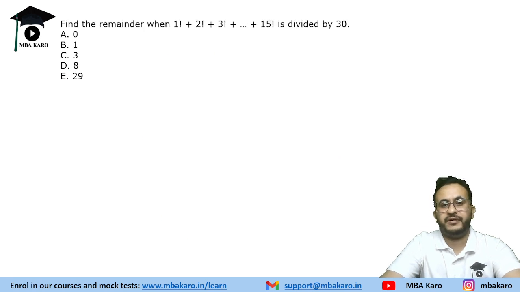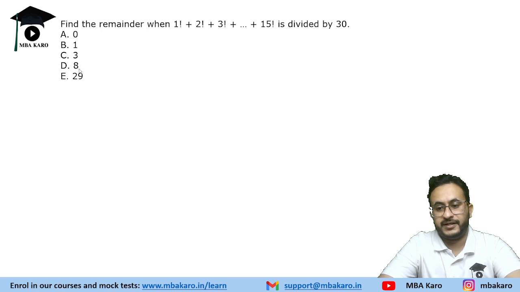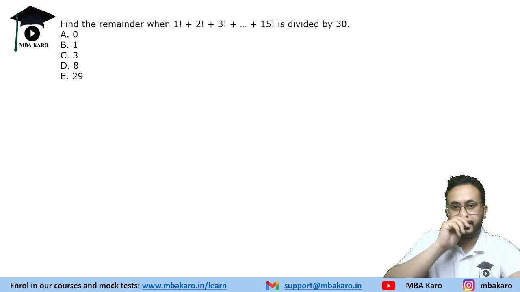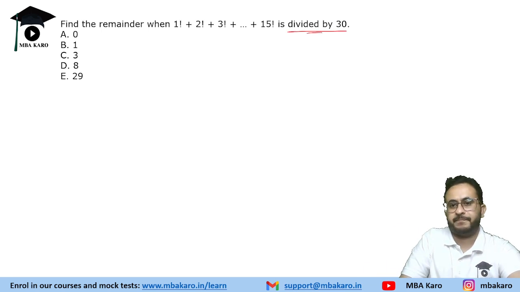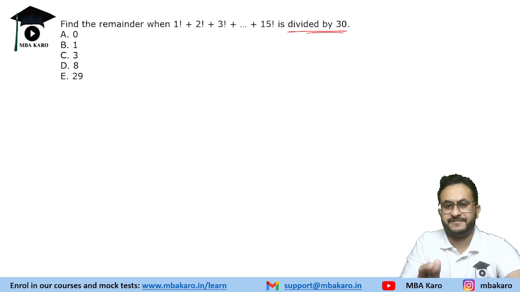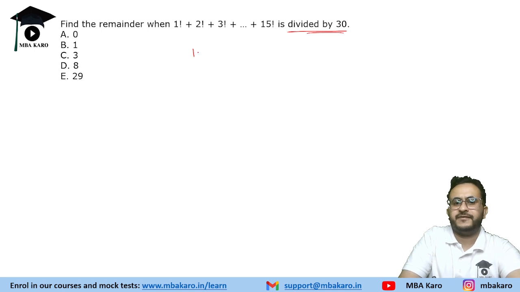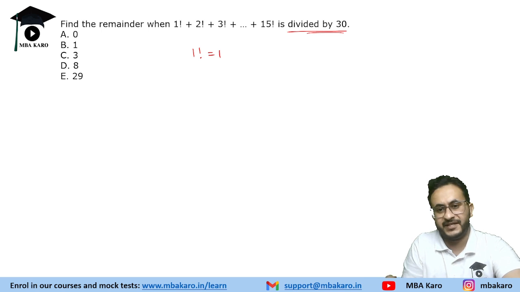Find the remainder when 1 factorial plus 2 factorial plus 3 factorial and so on up to 15 factorial is divided by 30. Okay. Now it has to be divided by 30. Now see this first few, what is factorial? 1 factorial is 1, right? So basically the product of first n natural numbers.